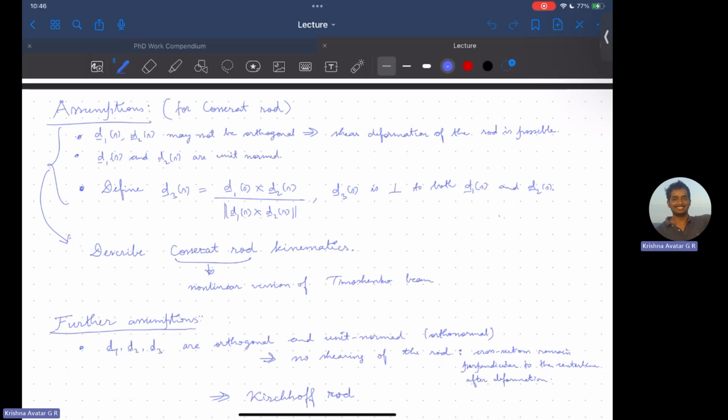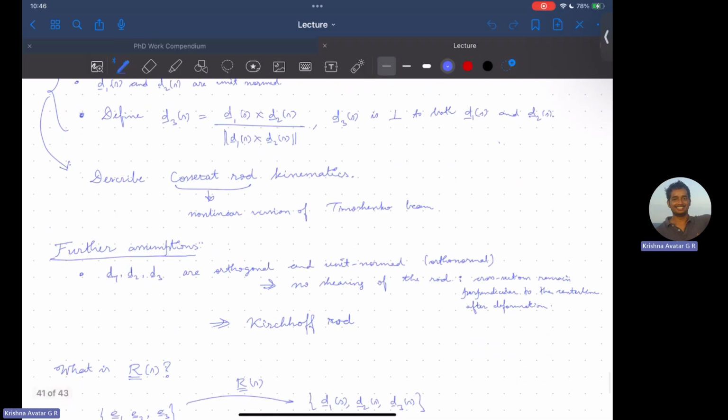In this Cosserat rod, we assume that D1 and D2 may not be orthogonal, which allows for the possibility of shear deformation of the rod's cross section, essentially. And both these vectors are unit normed.